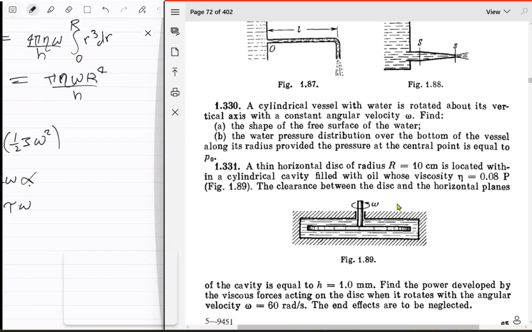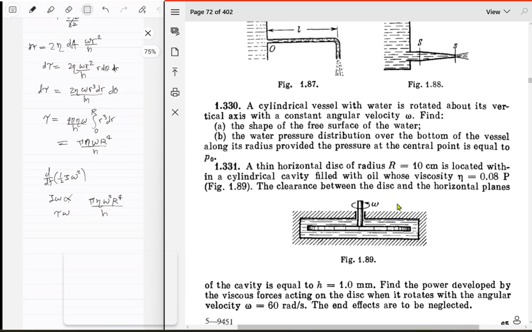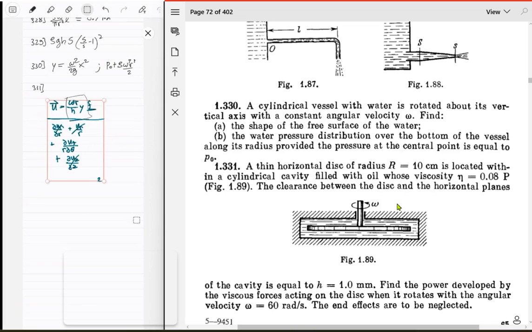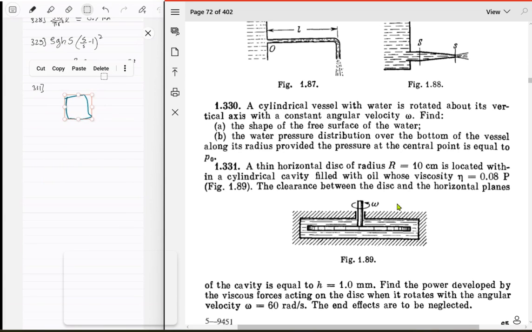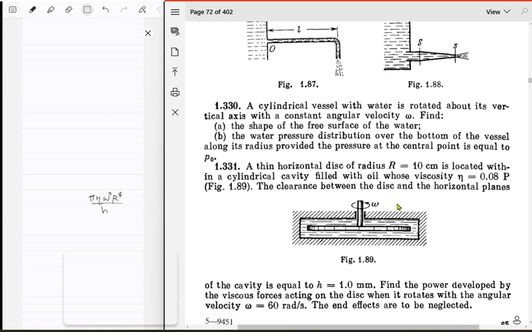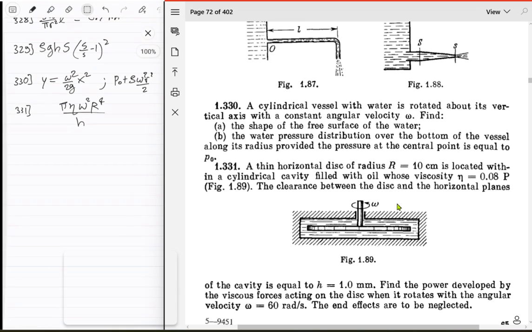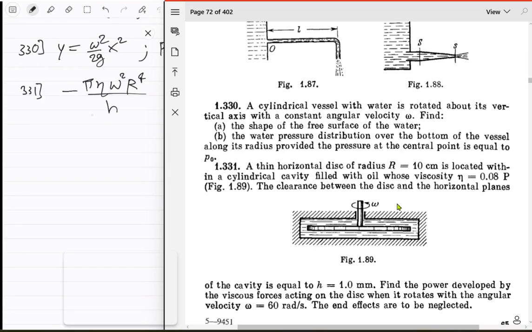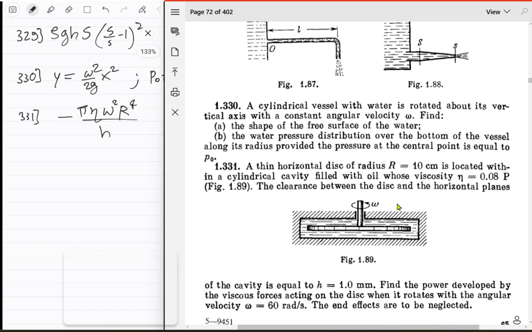That will just be pi eta omega squared r power 4 upon h. That's the instantaneous power. Actually, it should be negative of that because this is actually going to slow it down, right? So it should be negative of this thing, but whatever. That's the power.